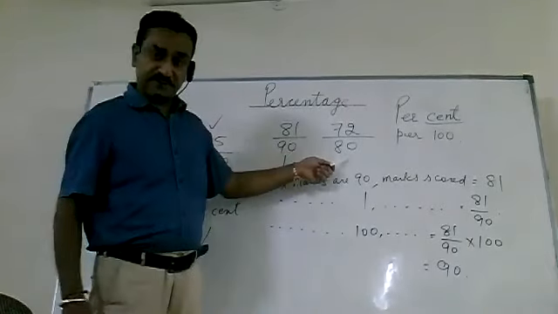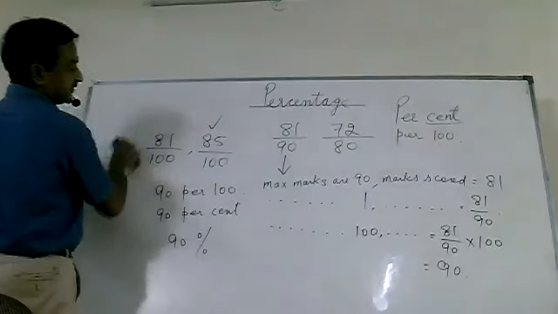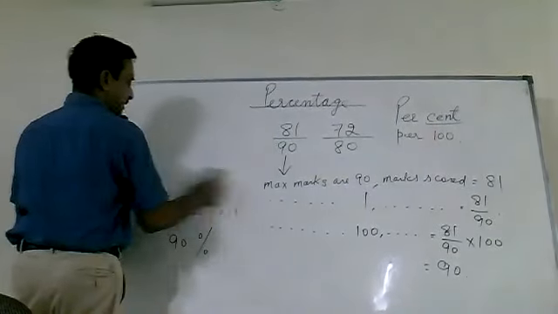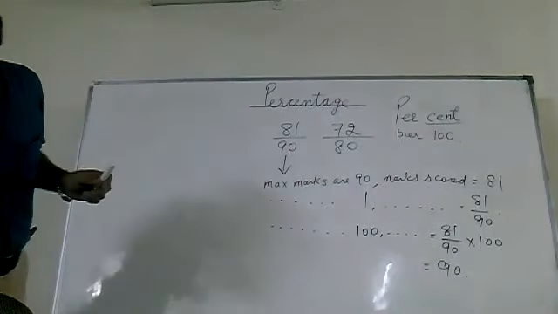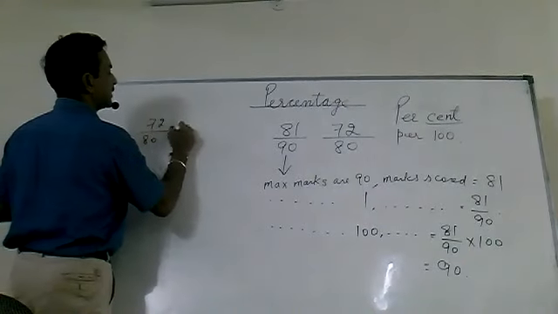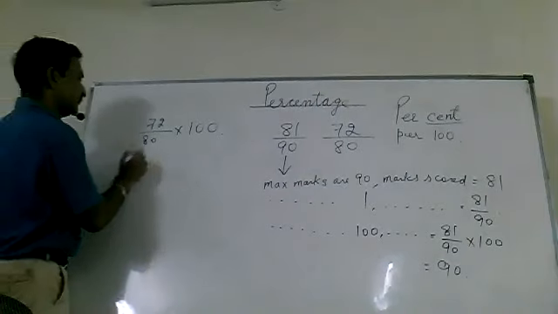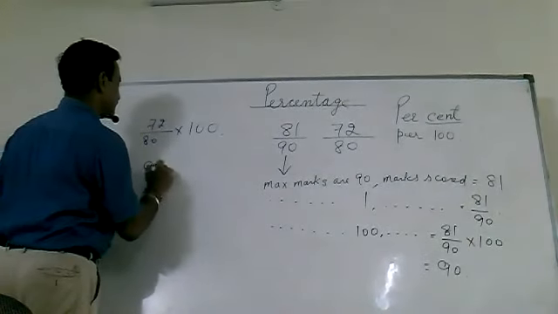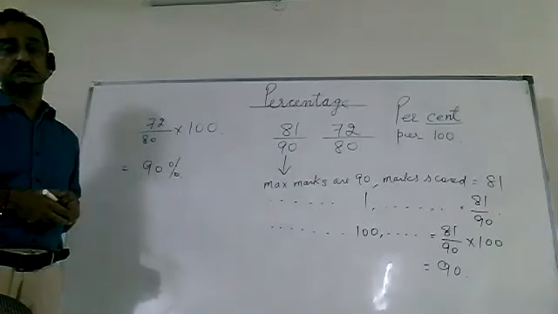Now let's try and find it for the other student who got 72 out of 80. We just saw that to convert a fraction to a percentage, just multiply by 100. So let's multiply by 100. If you further simplify, you find this is also 90%.